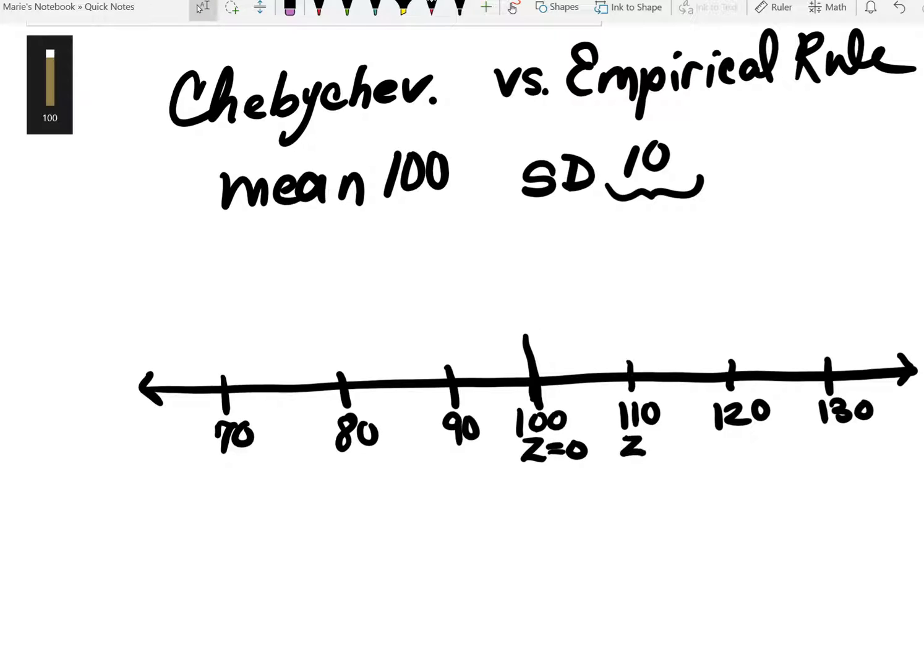This is the first deviation on the positive side, second deviation on the positive side, third deviation on the positive side. On this side, you have z equals -1, z equals -2, and z equals -3.